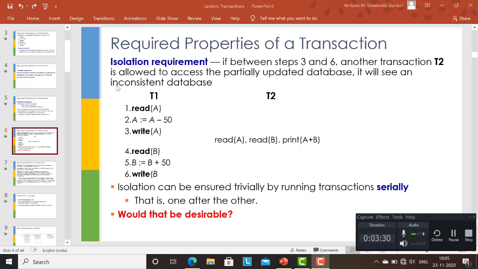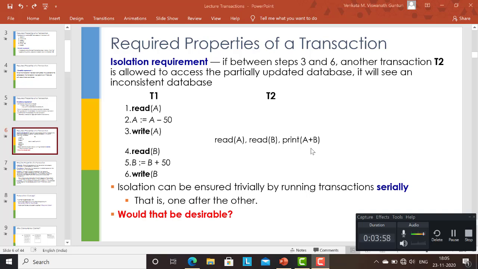If T2 is executed first, you will get some value of A and B, and then print A plus B. This will be okay, and then T1 will be executed. If T2 executes after T1, you again get good, sane values. But if T2 is executed in the middle between 3 and 4, then you're going to get some kind of garbage value, so to say.